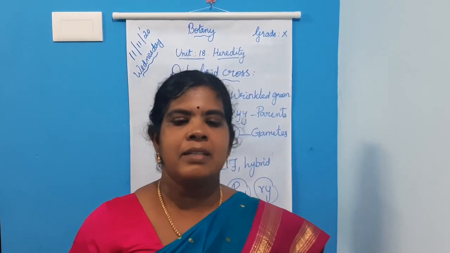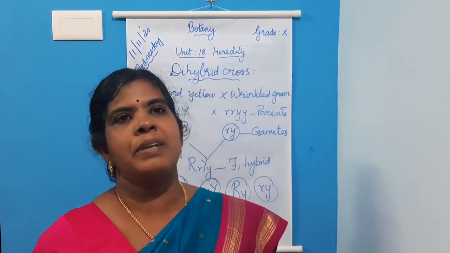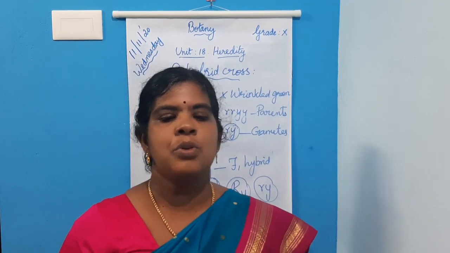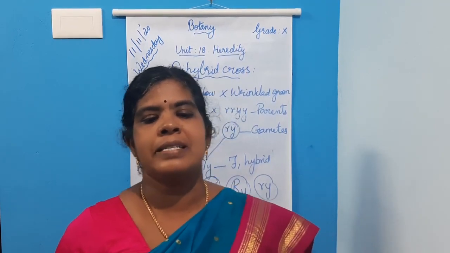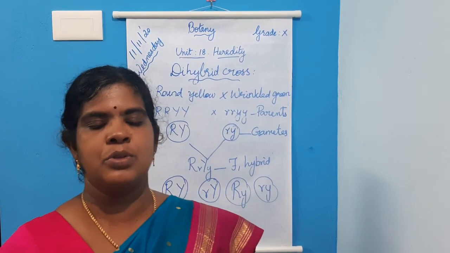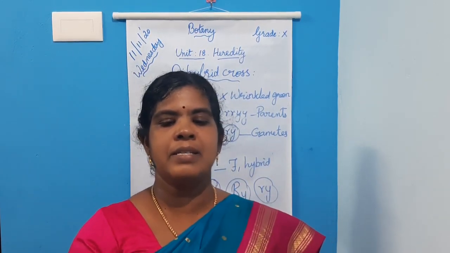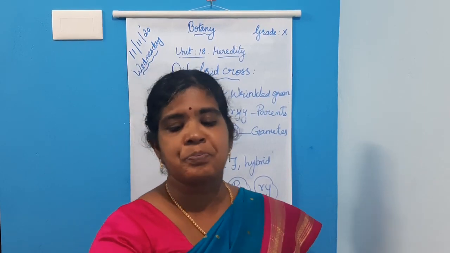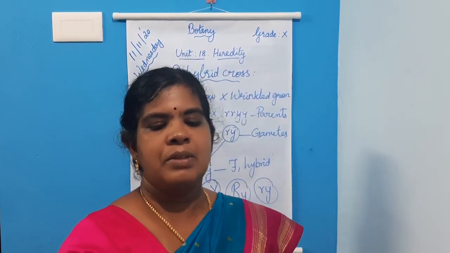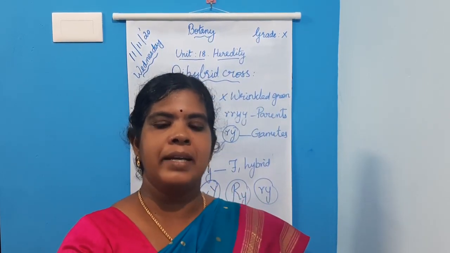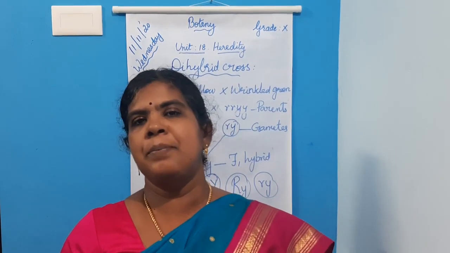Third law, law of independent assortment. In the inheritance of 2 or more pairs of contrasting characters simultaneously, the factors of one pair assort out independently.